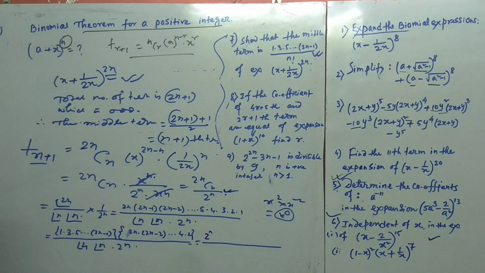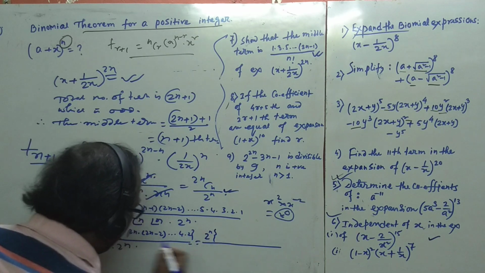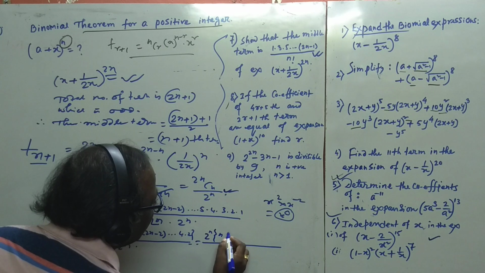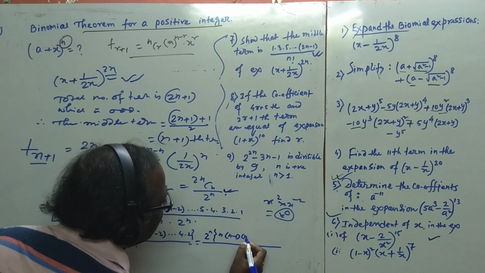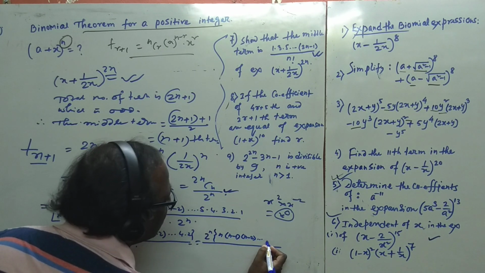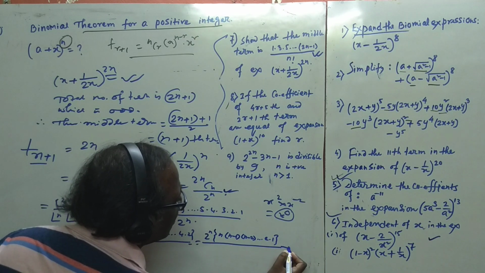So let's say again, we have taken a common 2 from each and every factor, so their product is 2 to the power n. And again write there n minus 1, n minus 2, ... 2, 1.